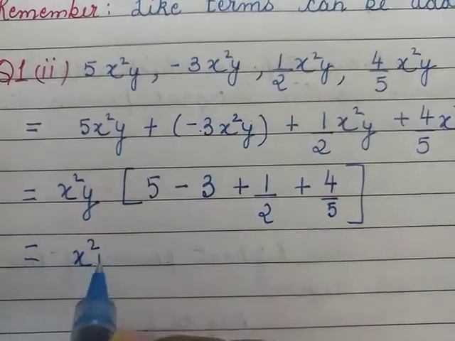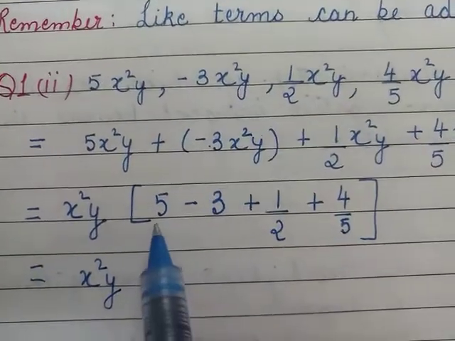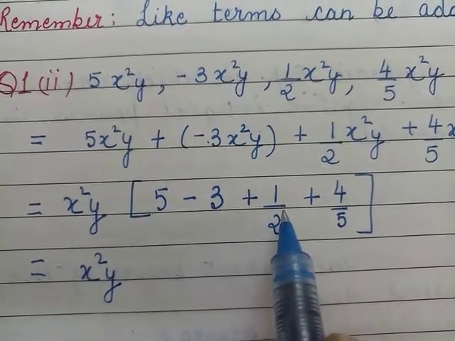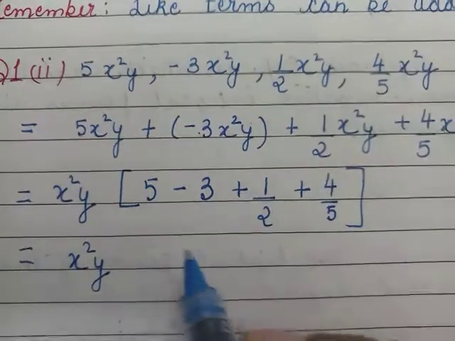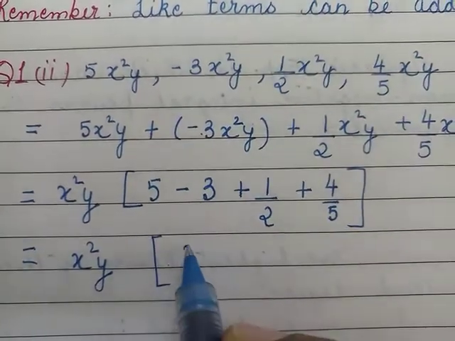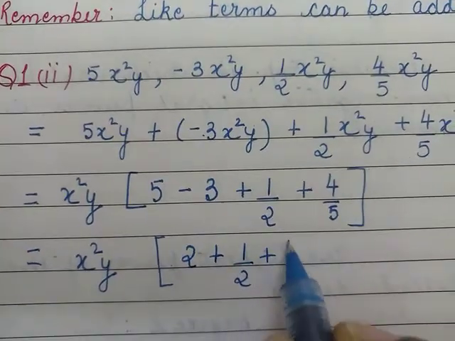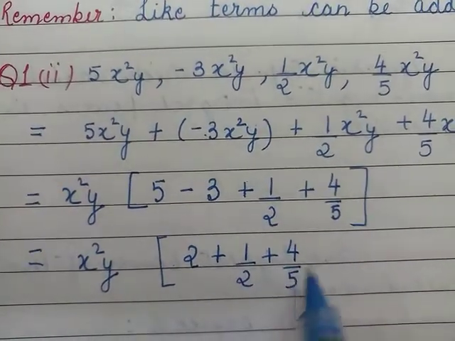We write x square y as it is. 5 minus 3 will give you 2, and 2 plus half will give you 2 and half. So what we are left with, 2 plus half plus 4 by 5.